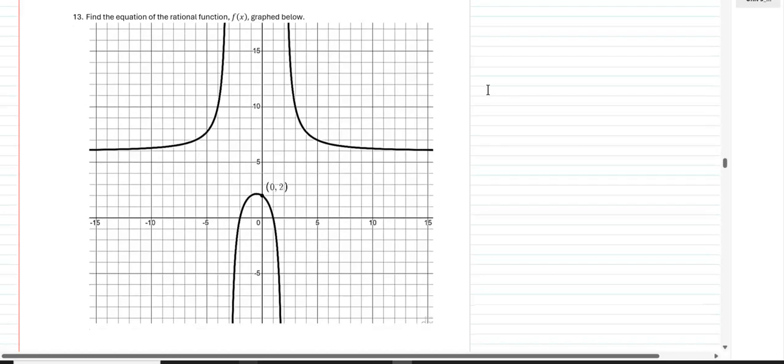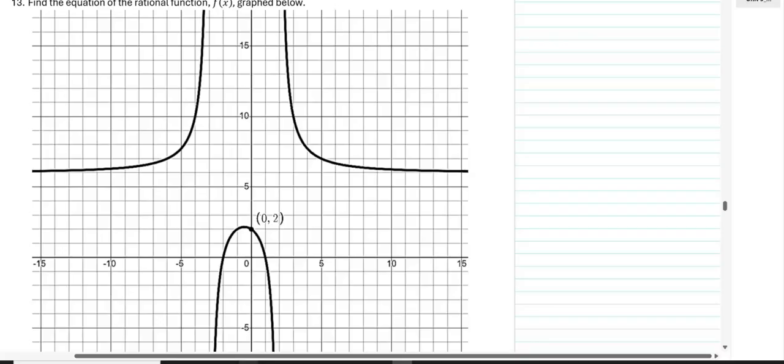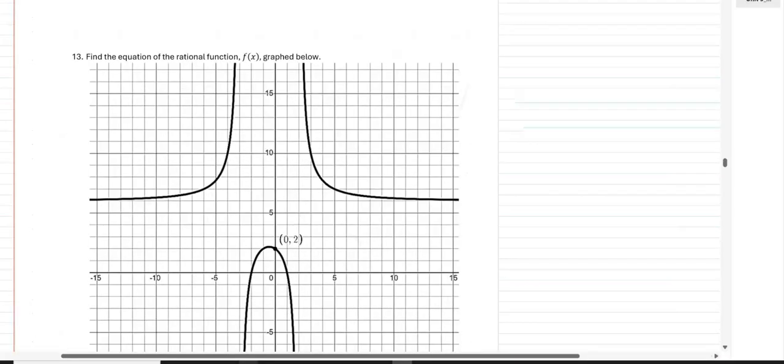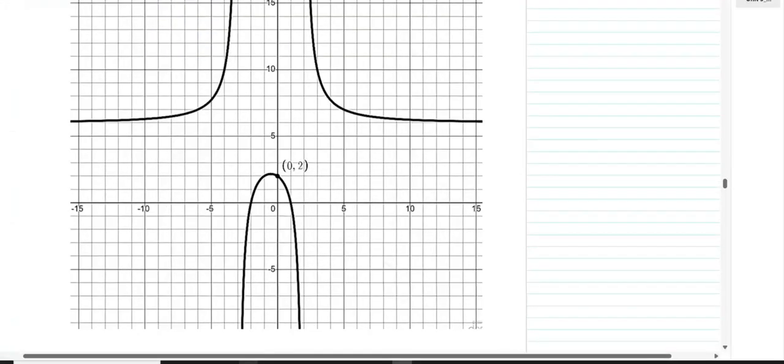Okay, that is that. Now here, there's a graph given. From this graph, we will write down a rational function equation. So let's put some features here.